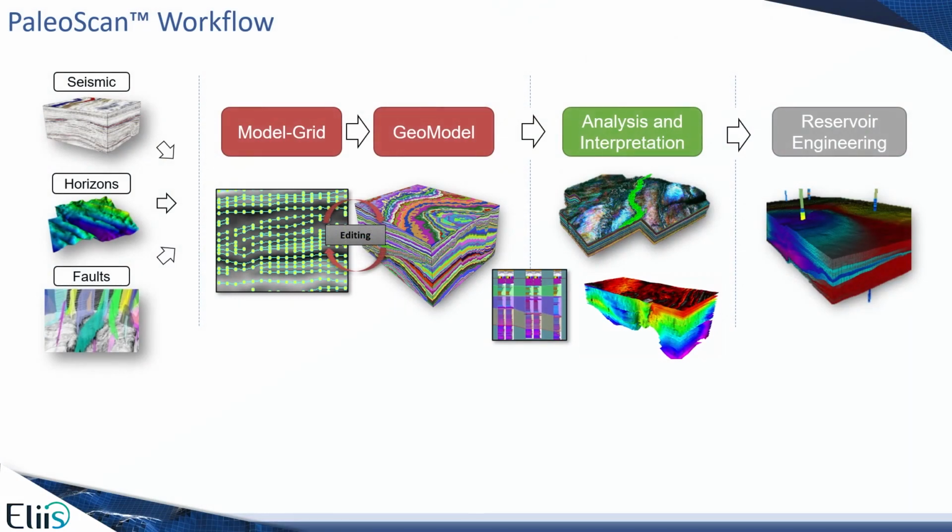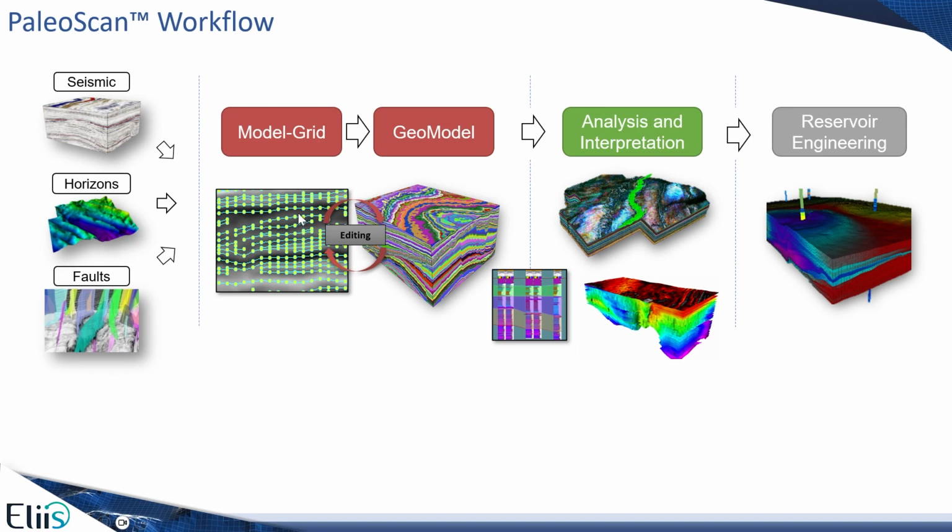Now, the model grid to GeoModel creation is a workflow that's really unique to PaleoScan. So it's important to understand how to set up and edit the model grid in order to ensure the generation of a geomodel or RGT volume that accurately mimics the seismic used as input. Besides seismic, we can also use horizons and faults to constrain our model grid before we edit it to create our geomodel.